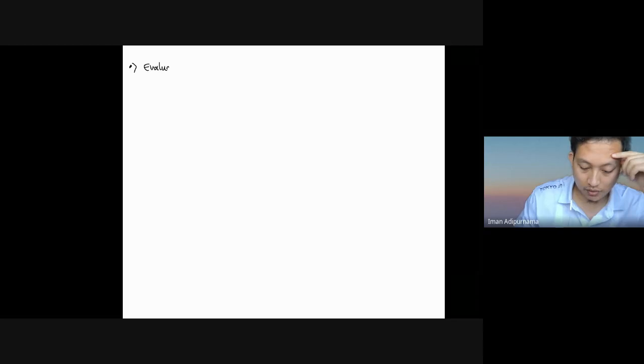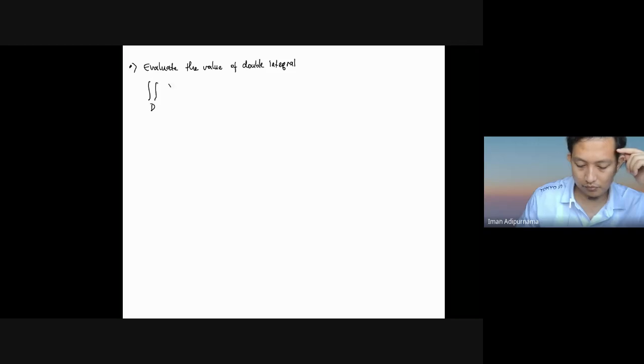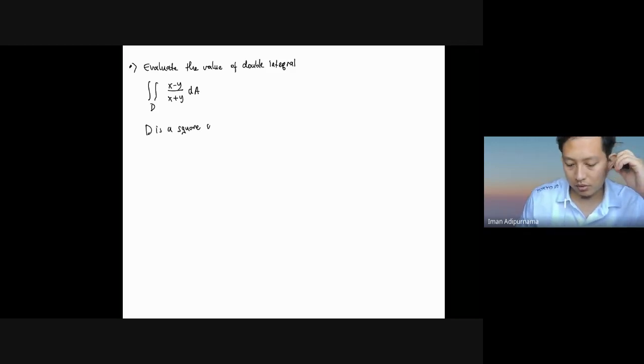Evaluate the value of the double integral, and D is a square with vertices.